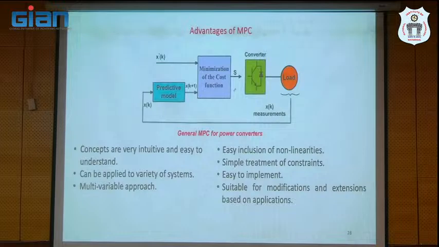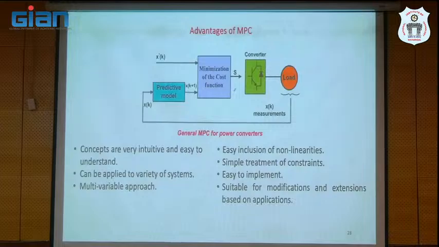Basically it is a non-linear control method, an iterative method. A PI controller is a linear controller, but the model predictive controller is basically non-linear. Non-linear and iterative, so if you want to iterate something, it requires a cost function.